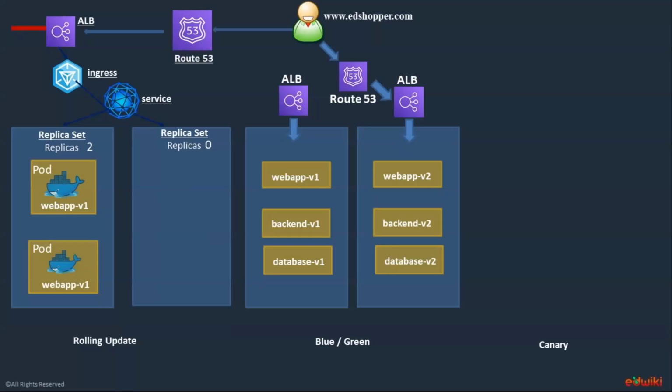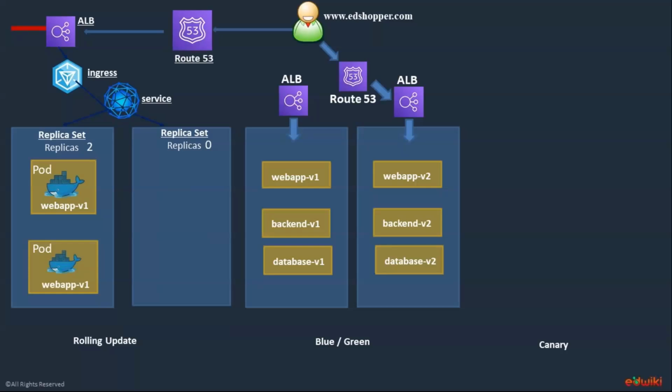That means in the blue-green method, both versions will be up and running at the same time. V1, V2 both are running fine. Which version you want to access, you decide from your Route 53 level. One is blue, one is green. At any given point of time, only one version will be serving the traffic, either V1 or V2.